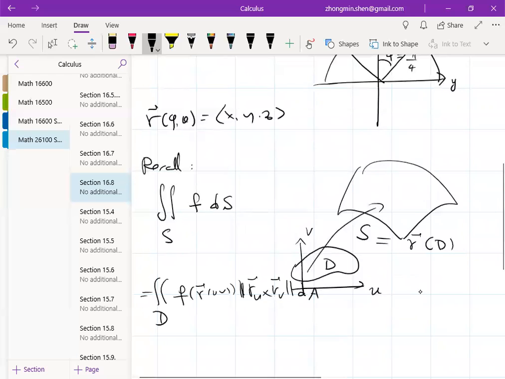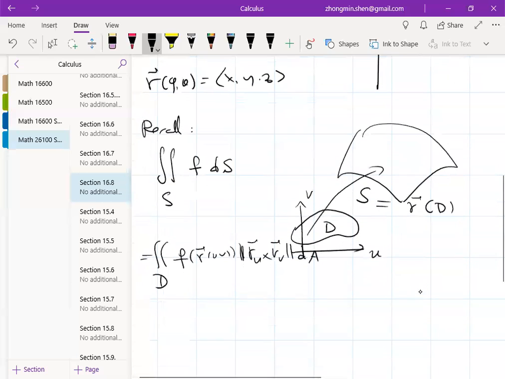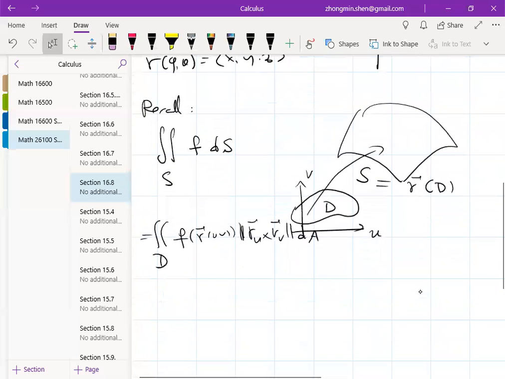Okay, so dA is just du dv. Then after that, suppose we have a vector field. This is a function defined on the surface. But for the same surface, at every point you have a normal vector, right? And then suppose you have a vector field.